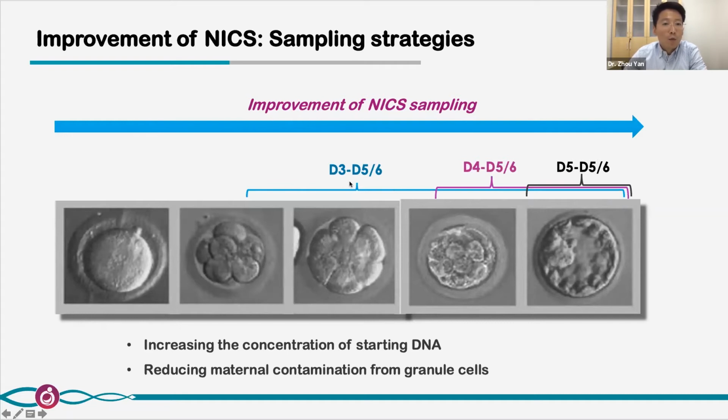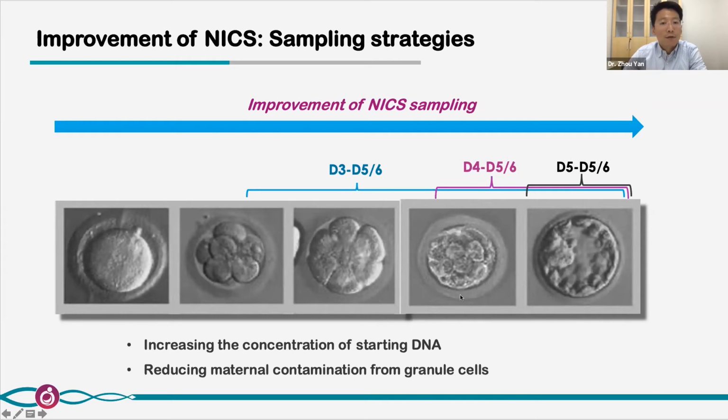Originally, we were sampling day 3 to day 5, day 6 culture media, and now we are starting to perform day 4 to day 5, 6, or even day 5 onwards material for the downstream assays. This is because it increases the concentration of the starting DNA.